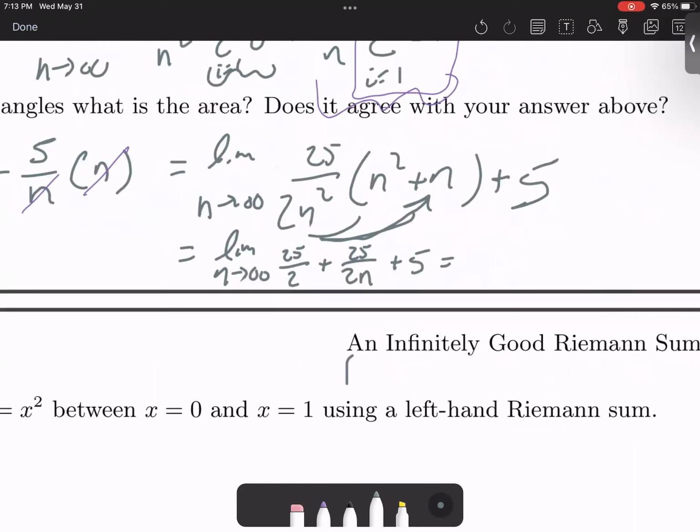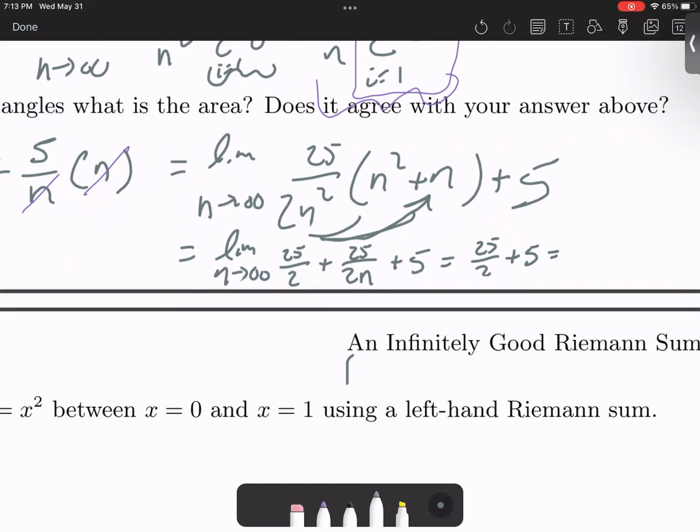Okay, I think we can send n into infinity. 25 over 2 just stays where it is. Oh, sorry. I'm actually taking the limit, so I don't have to carry that limit sign with me anymore. 25 over 2. That middle term goes to 0. That 5 stays where it is.